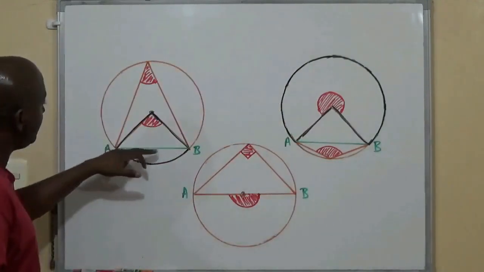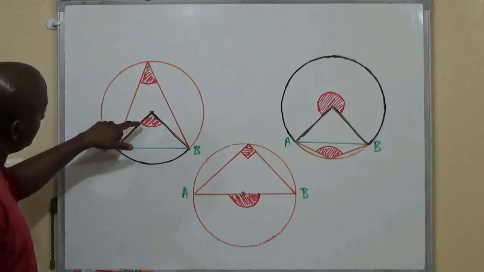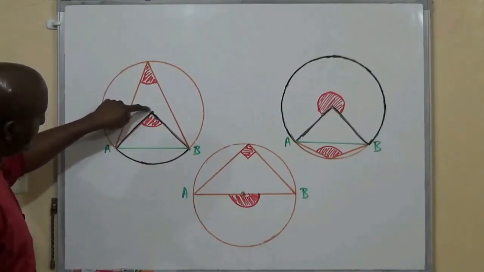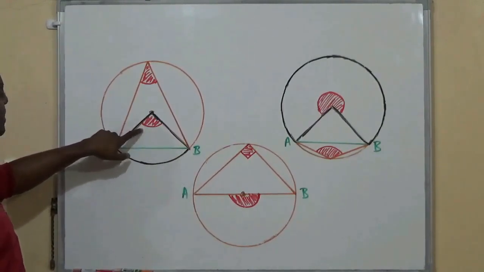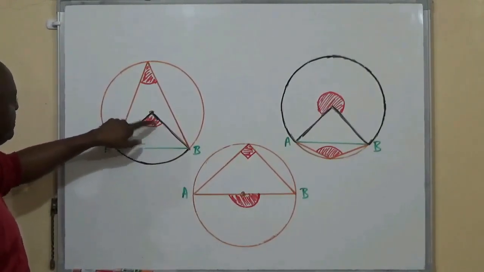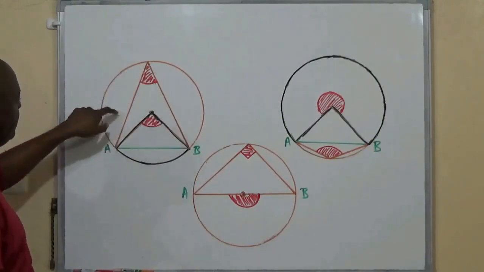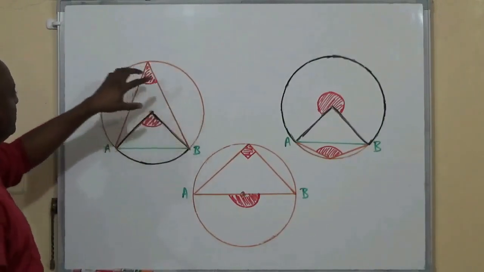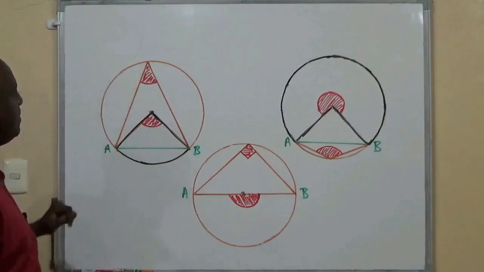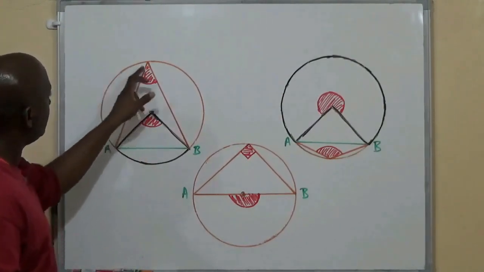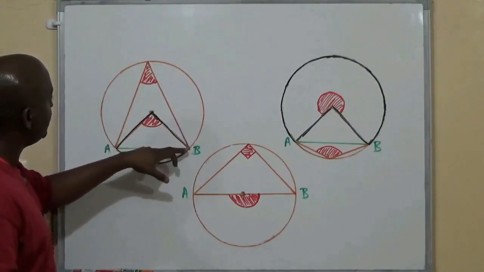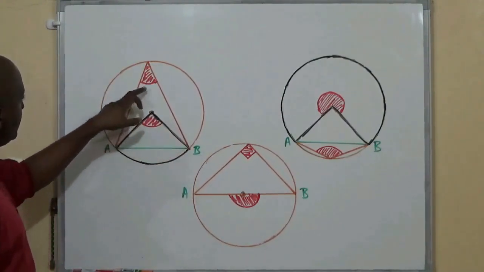So the same chord AB subtends at the center of the circle in the minor segment this angle here, which means that this angle is twice whatever angle that it would subtend at the circumference in the major segment. And as we would have seen before, it doesn't matter where on the circumference this angle is. Once it is subtended by the same chord, it will be the same.